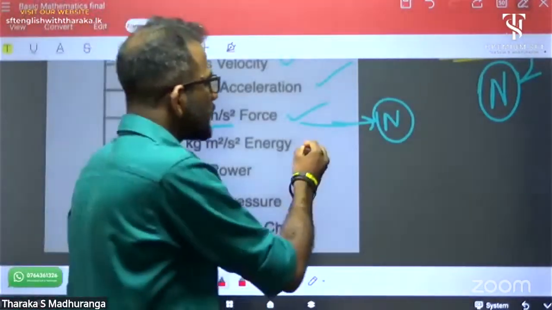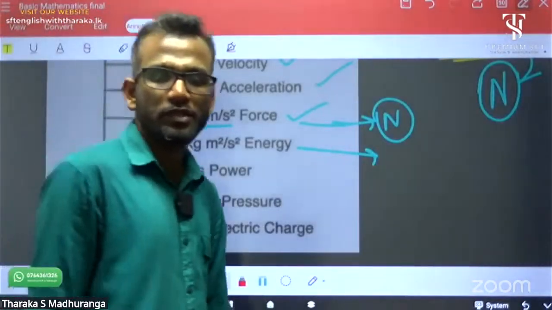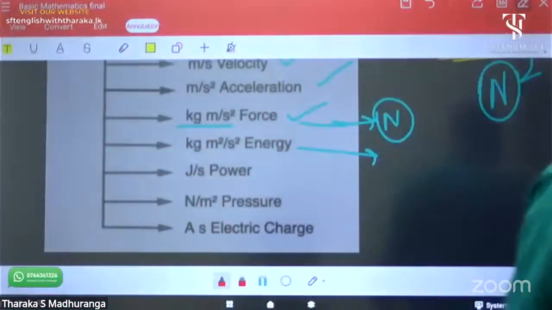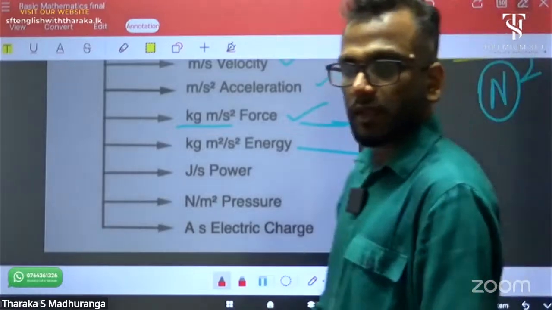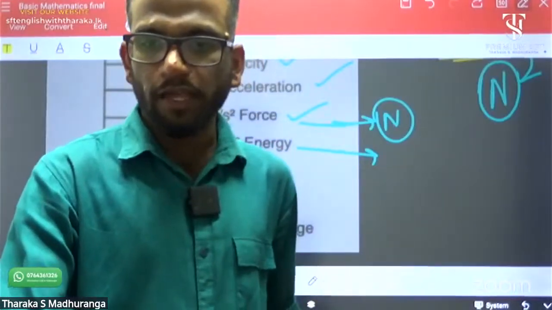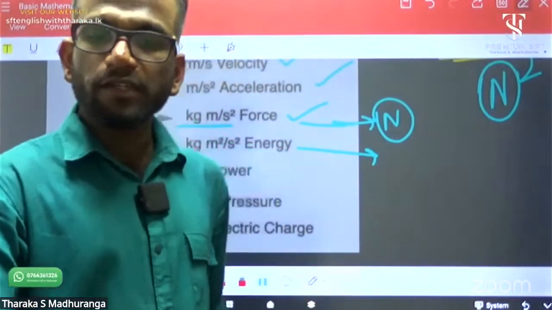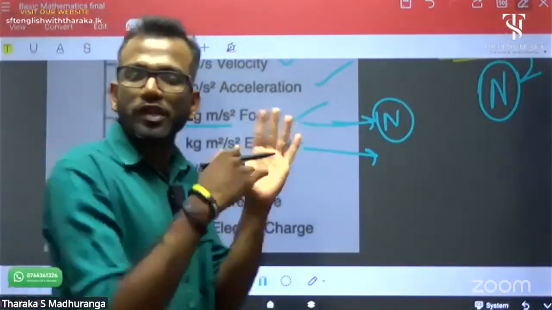Okay, do you know the energy standard unit? Very good. Joule is the energy standard unit. But is it an actual base unit or a derived one?